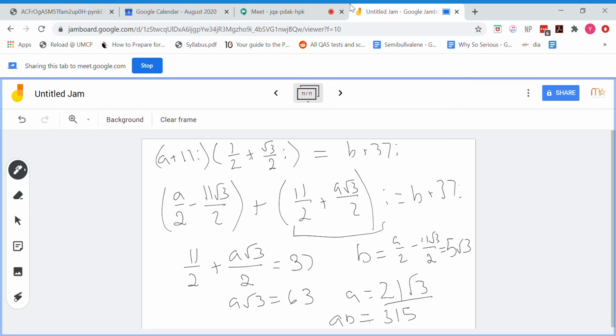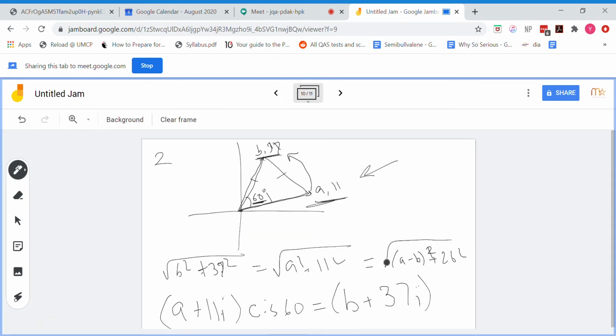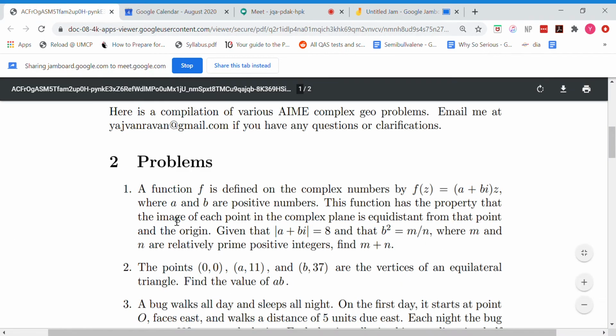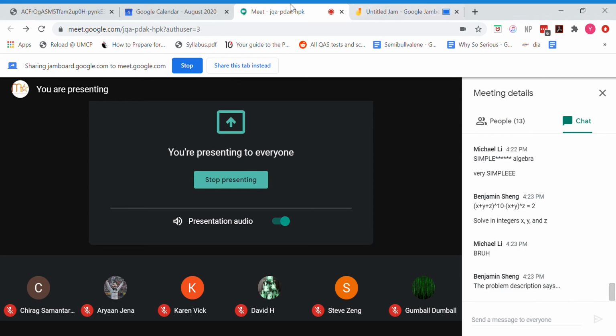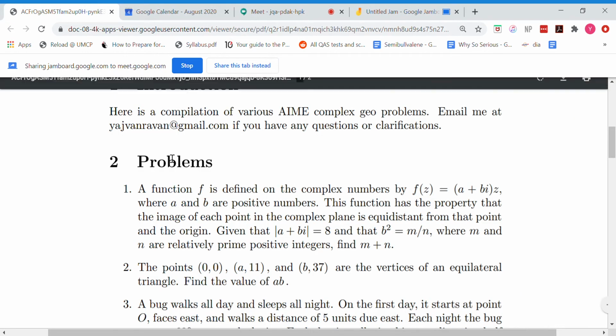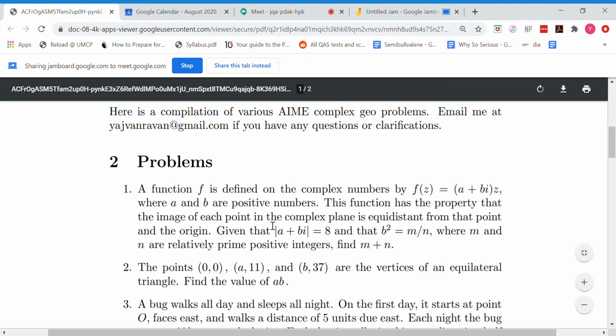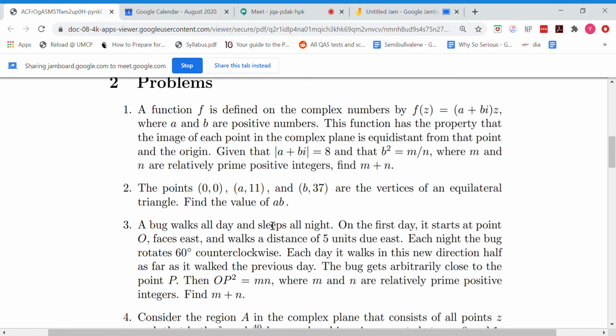Notice how this problem was made drastically easier by using complex geometry. In the problem, there were no complex numbers hinted at, nor did they mention anything about complex numbers. So it seems like a normal geometry problem, but in reality, it's a hidden complex number problem.